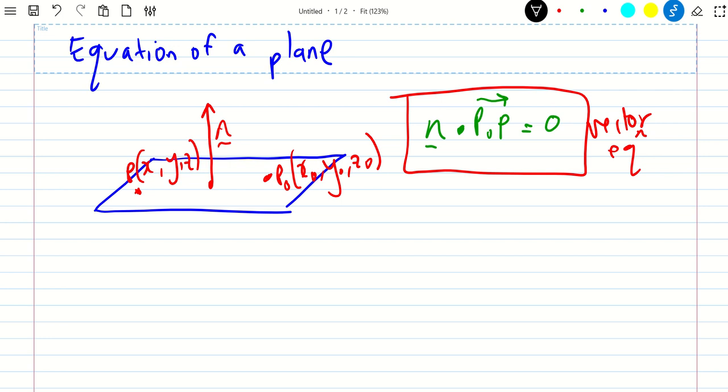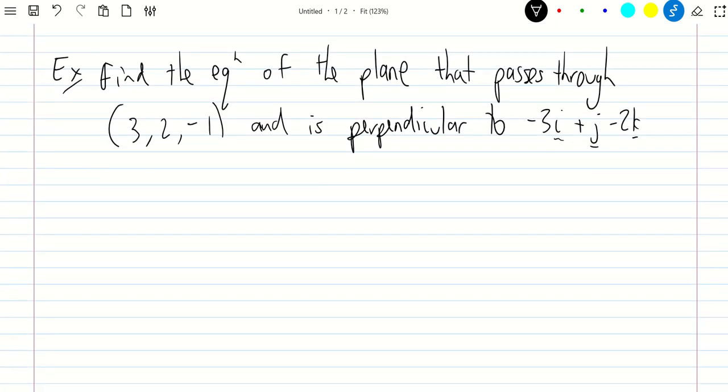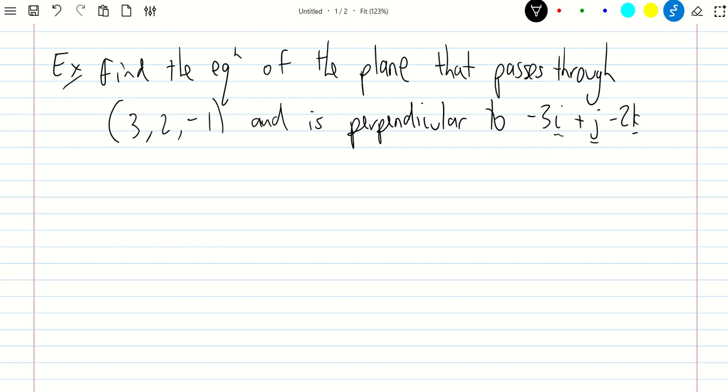Let's scoot straight down to this example just to show you a couple of things. Find the equation of the plane that passes through a point. That's my P naught, some point on the plane, which gives me a point to start with, and the plane is perpendicular to this, and that's my normal.